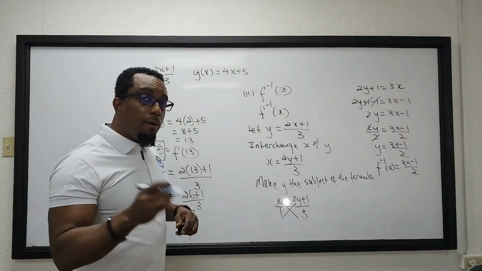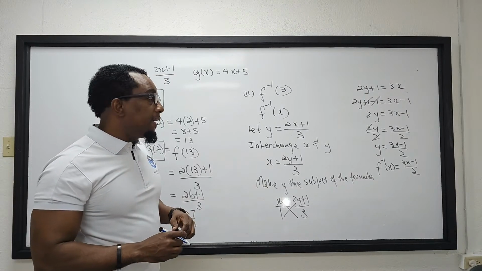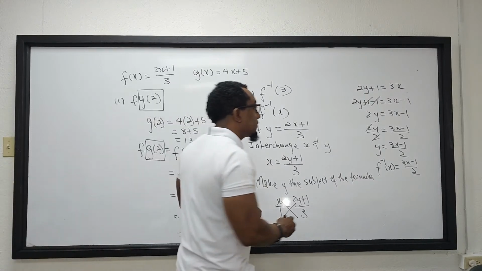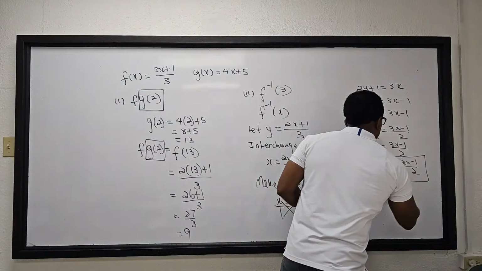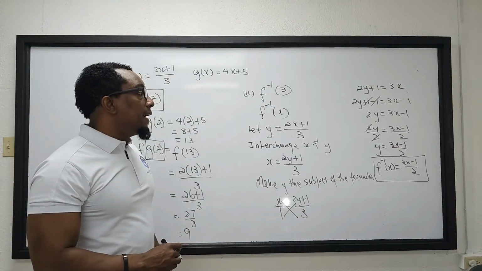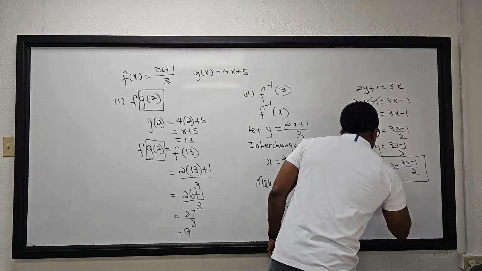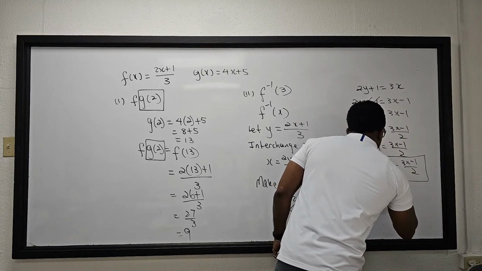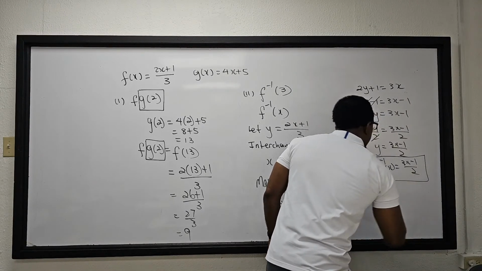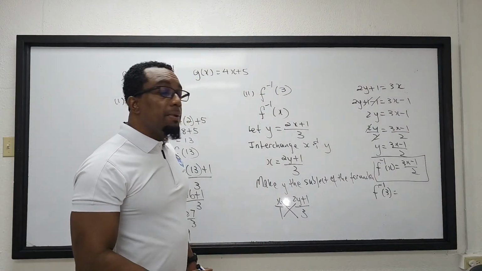After I've found f inverse of x, I'm going to easily find f inverse of 3. So this is f inverse of x here. But now let us quickly find f inverse of 3. What is f inverse of 3? It means where I see x in f inverse of x, I replace it with 3.